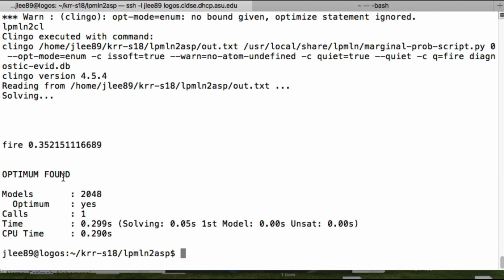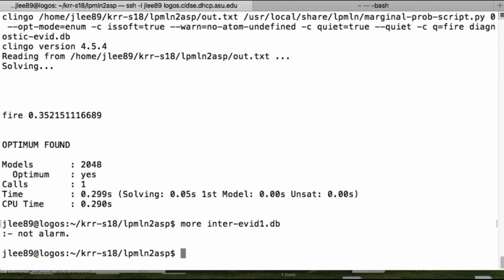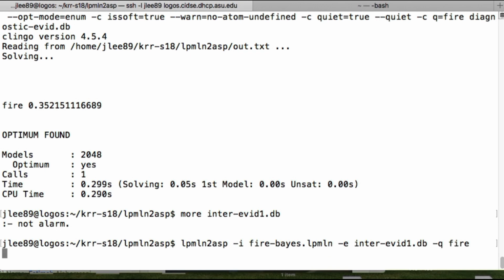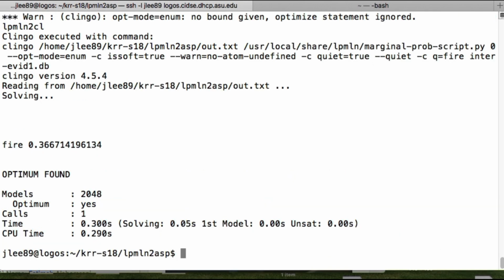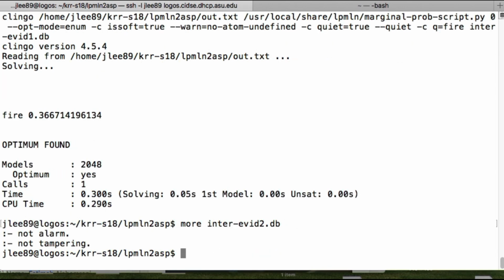Let's do that as the last thing. Here we only know alarm is true. Then you get 36%. The second query is that you know alarm is true and also tampering is true.